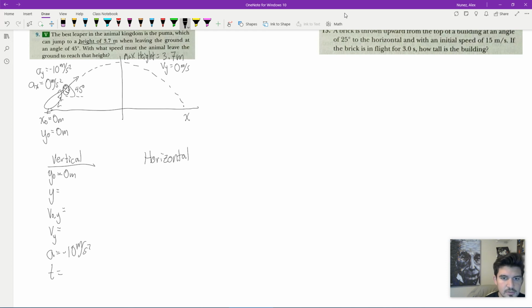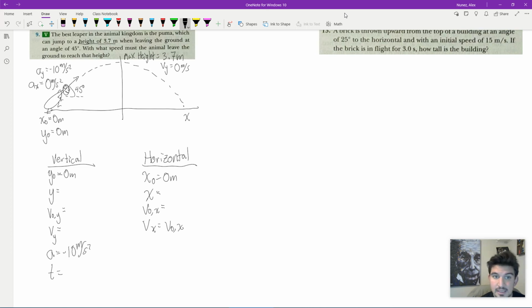Now let's look at the horizontal components. The horizontal components are equally as sparse. It starts at a position of 0 meters. We don't know where it lands. We don't know its initial horizontal velocity. We don't know its final horizontal velocity, but what we do know is that because in the horizontal direction, the velocity is constant, its horizontal velocity at any point is going to be equal to whatever velocity it started with.